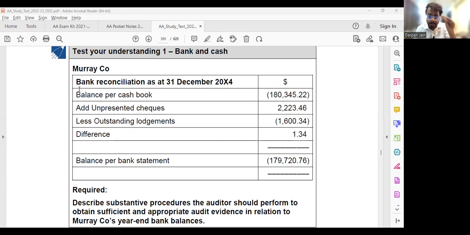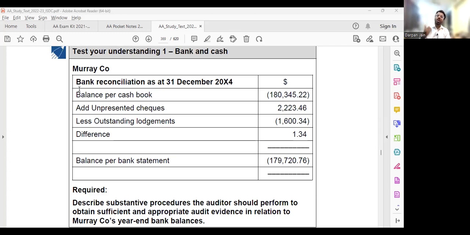It starts with balance as per cash book. You're taking a balance which is as per cash book. You're adding to that unpresented checks. What are unpresented checks? Checks which have been issued but not presented for payment. When you issue the check, you must have reduced the cash balance, thinking that you have already given the check.